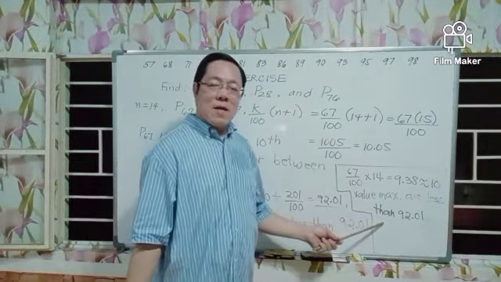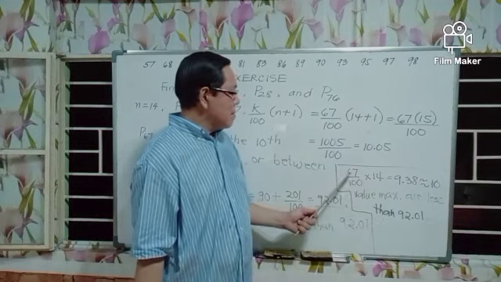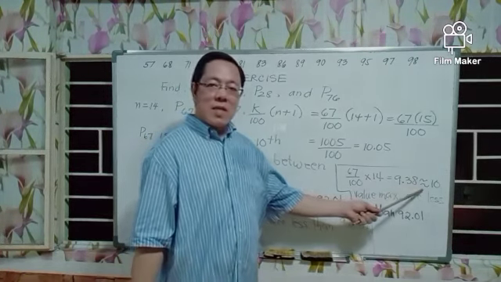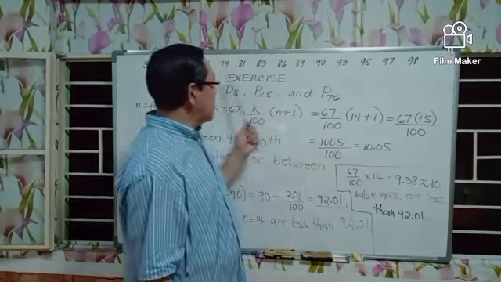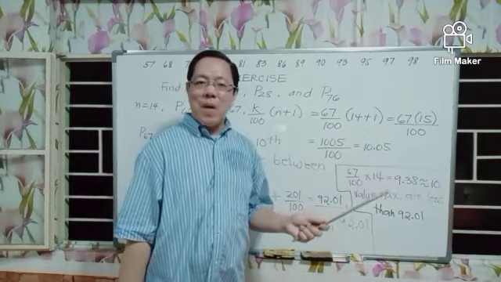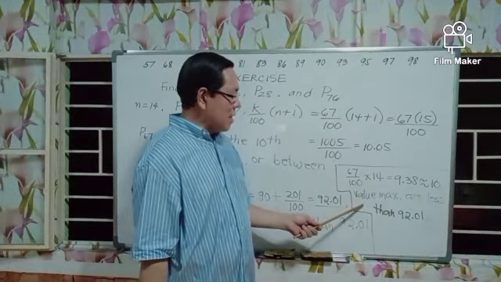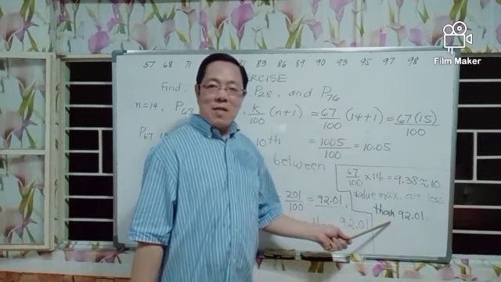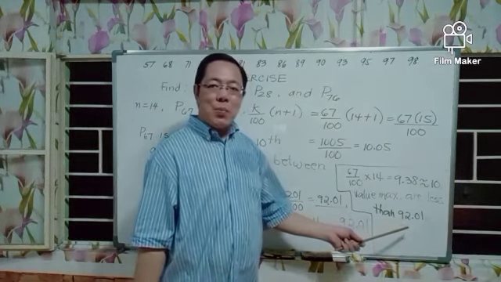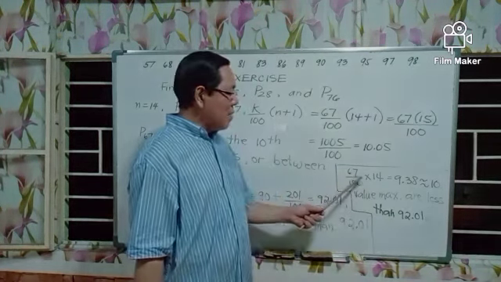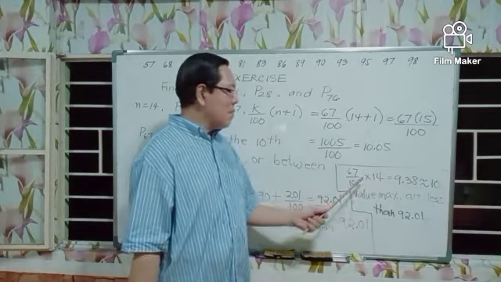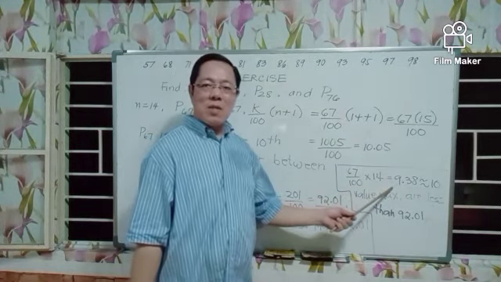This tells us that approximately 10 of the values in the given set of values should be less than the 67th percentile of 92.01. 67 multiplied by 14 divided by 100 is 9.38.